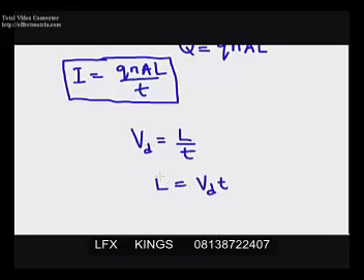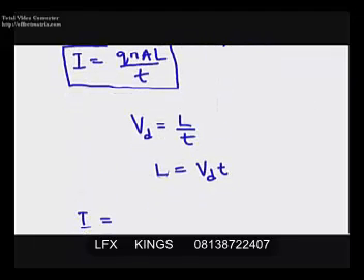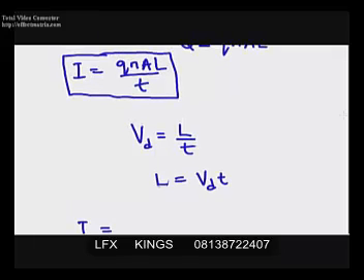So we can use this value for length and replace it in the equation. The current was I equals q n A L divided by t.